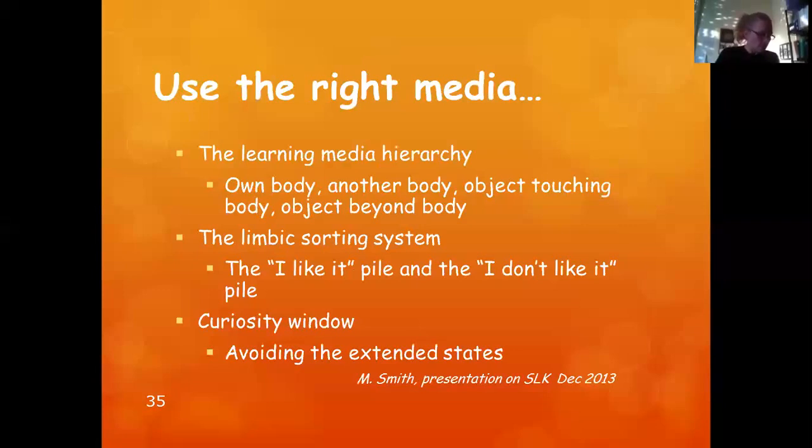We talked about this in the routines session. By extended states, I mean either they're so agitated they can't attend, or they're so sleepy and drowsy they can't attend. That's why we need that limbic sorting system, and we need to find those things that our kids like, because it helps our kids to avoid the extended states. Less sleeping, less agitation, because I like this thing that I'm going to be interacting with.